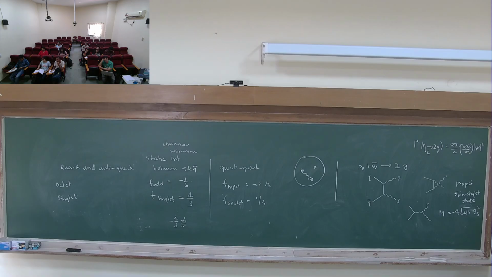However, it must still involve the strong coupling constant. There is no escape. So the Feynman diagram is gone, and this is what is done in order to get this matrix element. The non-relativistic part is what gives you this alpha s. This is the matrix element for this particular decay.